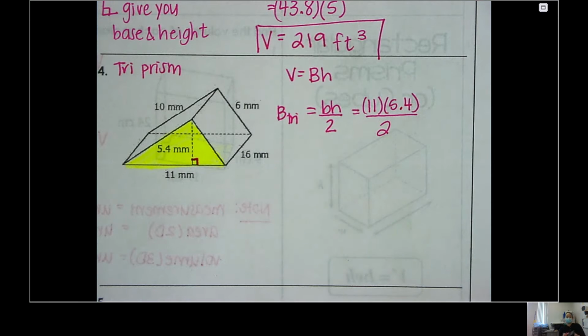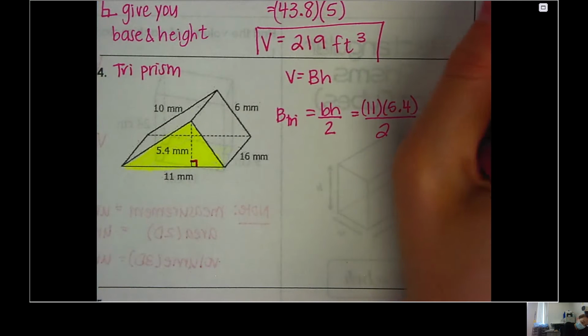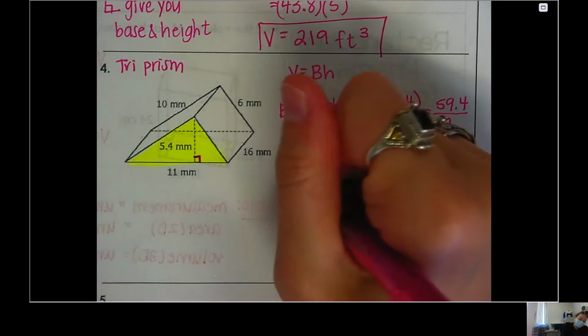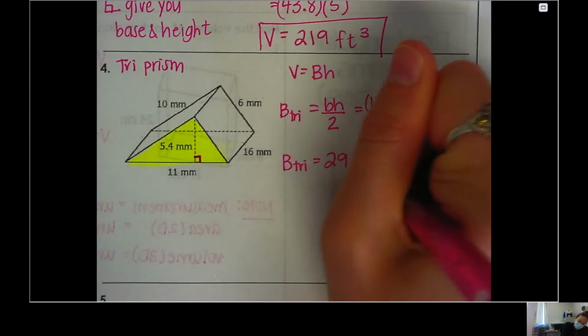If I multiply 11 times 5.4, what do I get? 59.4. And then I divide that by 2. 29.7. So the area of the triangle is 29.7.